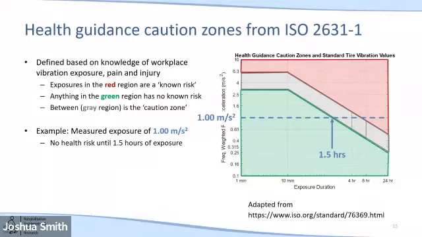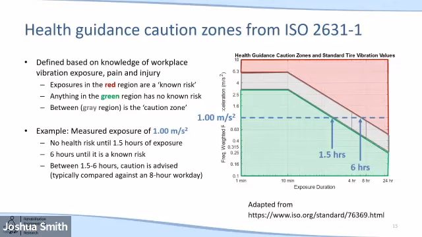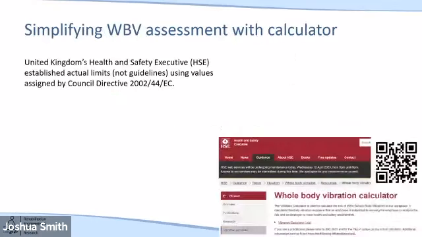So anything below 1.5 hours of exposure at this level, you're safe, right? If you keep following the line across, you cross into the red zone at about 6 hours, that's where it becomes a known health risk and you're putting yourself in danger of injury. Everything in between, you're just advised to watch your vibration, try to minimize as much as possible.